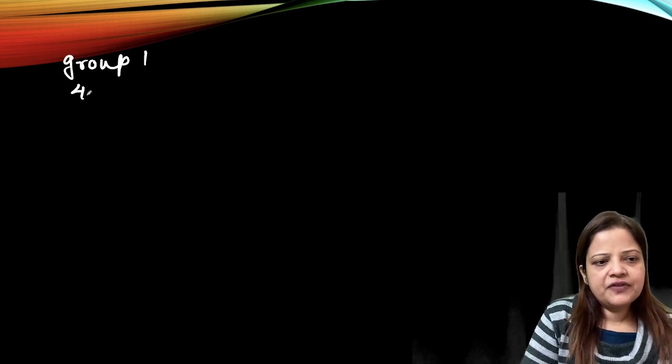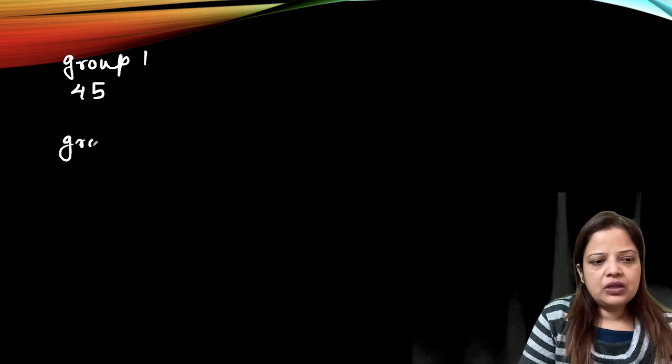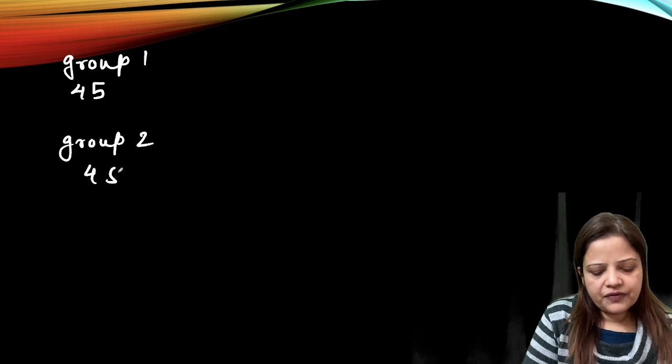Okay, now we will see the effect. I'm taking one example. We will see the effect of cigarette smoking on heart disease, right? Suppose in group 1 there are 45 patients, and in group B there are another 45 patients.